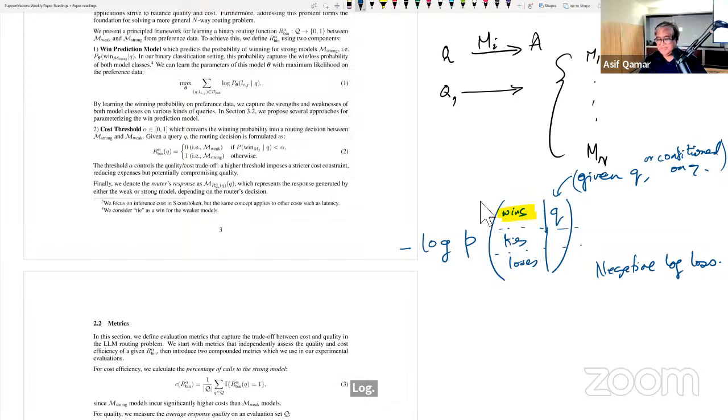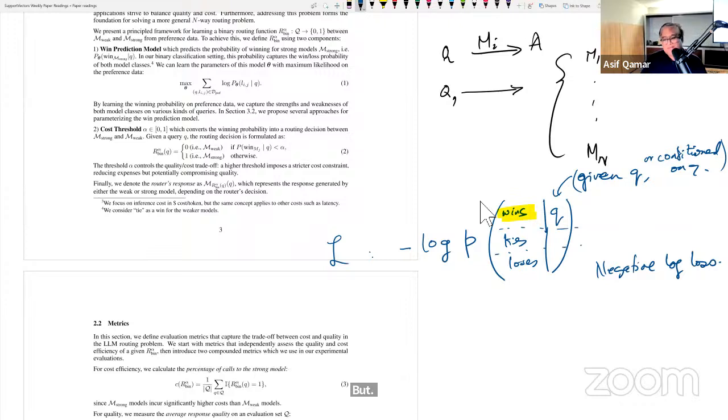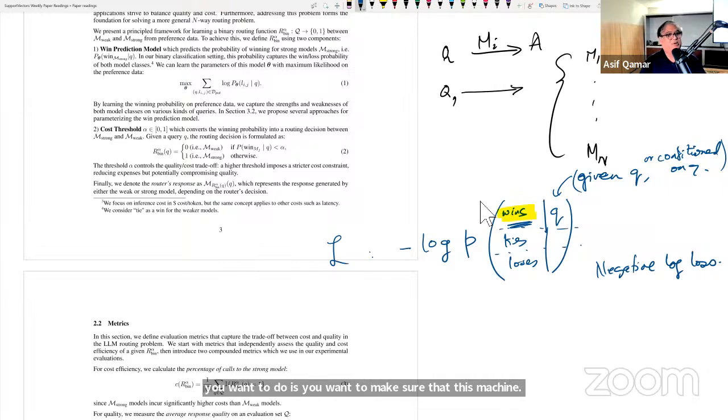So the intuition is that loss functions you try to minimize, but for some reason they wrote it as a maximization problem, because if you take away the minus, it becomes a maximization problem. What you want to do is make sure that this machine predicts as high a value for this probability as possible. And if it comes up with a lower value, you want to penalize it. Are we together? Right?